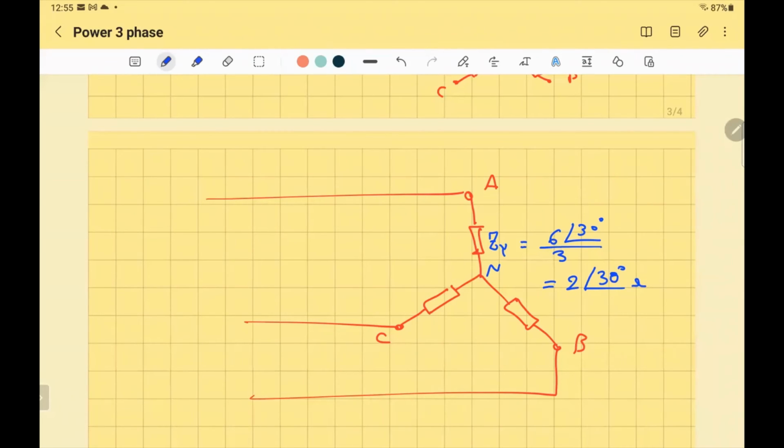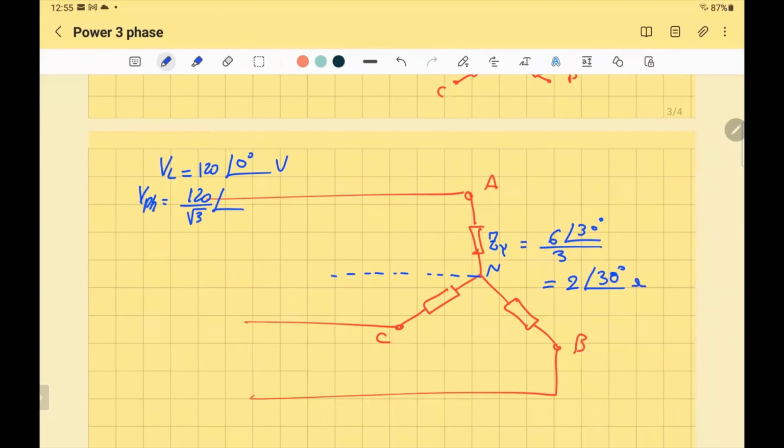As we did in the last example, if the line voltage is equal to 120 and we make it angle 0, then to find the phase, the magnitude will be 120 divided by root 3. And what about the angle?